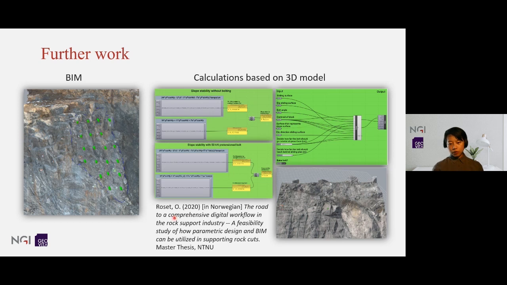Here are some extracts from a master student that we supervised this year. His name is Olaf Rose at NTNU in Norway. He managed to write scripts that can define a block using joint planes, extract the geometry, and then calculate the stability of the block without bolting, and how a 50 kilonewton pretension bolt can help stabilize it.